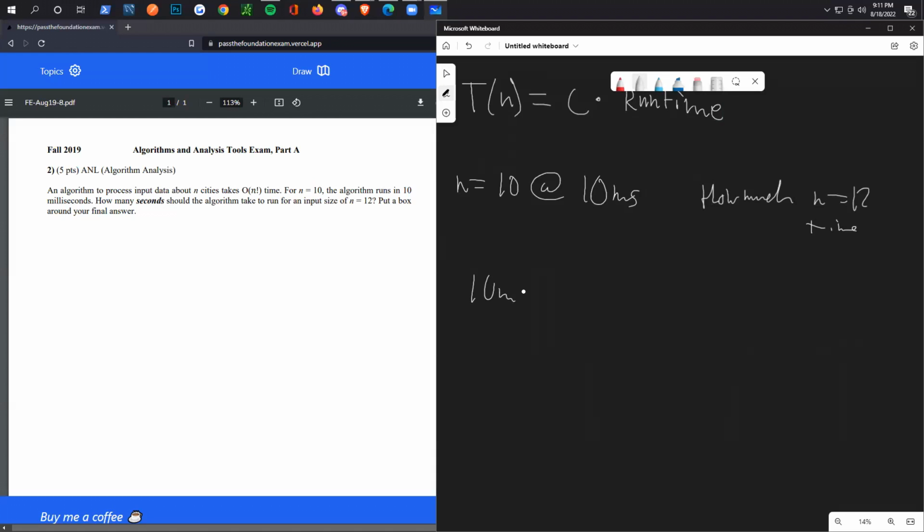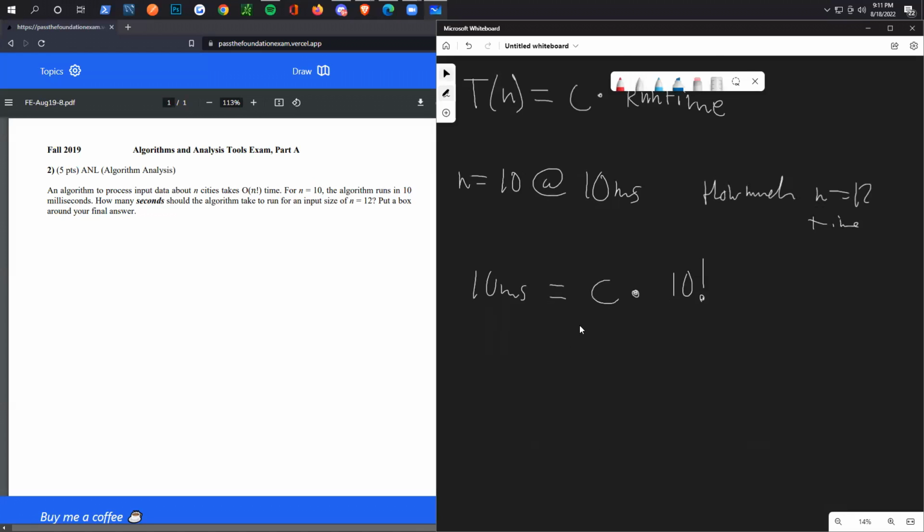Okay, so let's start off. We're going to have 10 ms equals, and now we have c. We don't know what c is, so let's just plug in the runtime. Our runtime is n factorial, so if we plug in n equals 10, we're going to have 10 factorial. From here, we can divide both sides by the factorial.